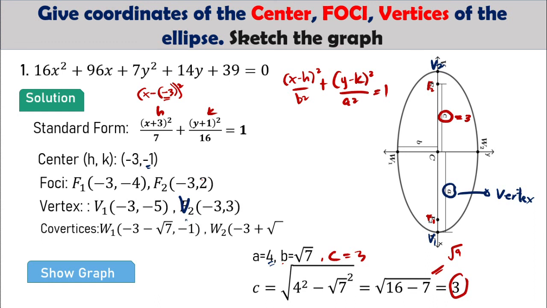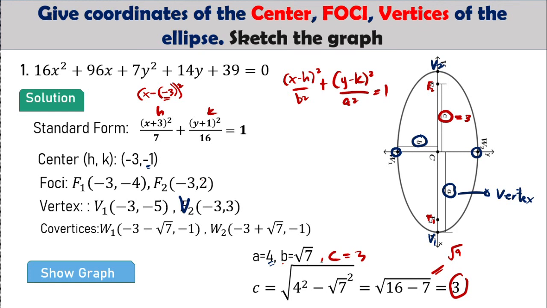Let's have the co-vertices. The co-vertices are the endpoints of the minor axis. The distance from the center to the minor axis is given by B, and we know that B is the square root of 7. Since the distance is horizontal along the x-axis, we add or subtract B from the abscissa, negative 3.